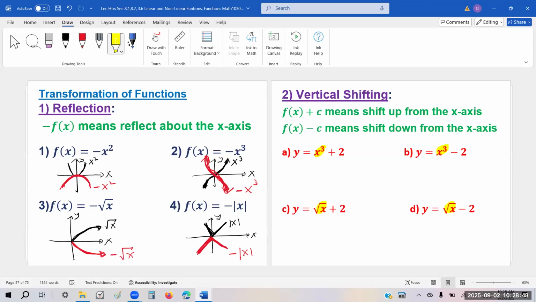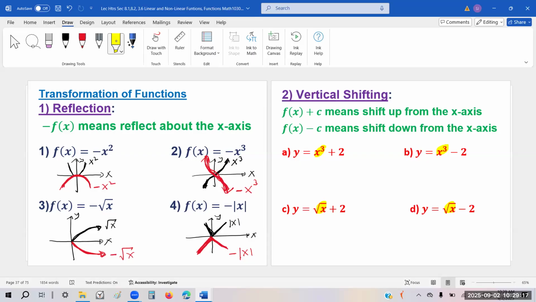So we see the original graph and then a number. When you see the original graph and then a number, it's up or down. So plus 2 means which direction you're moving? Up 2, and minus 2 means down 2. Now you take the square root function, and you're moving which direction? Up 2, and for the square root function, you're moving down 2.